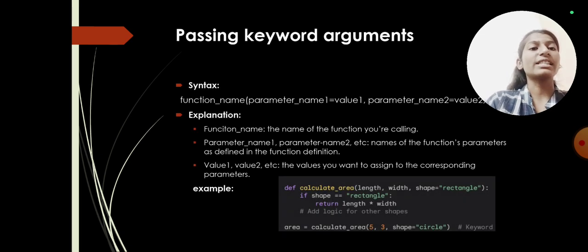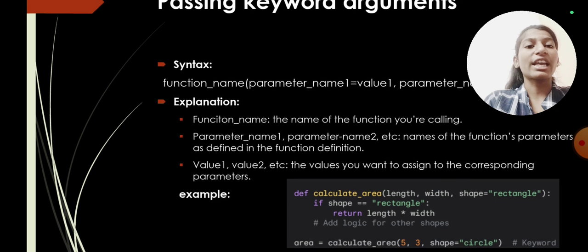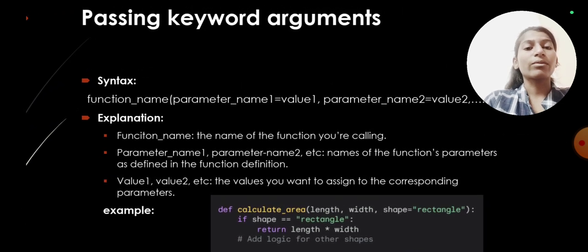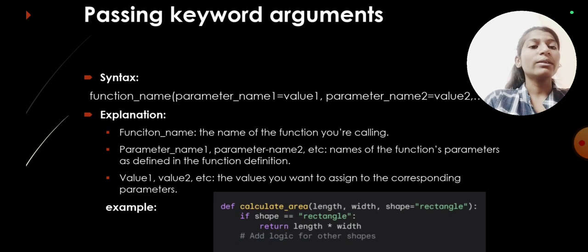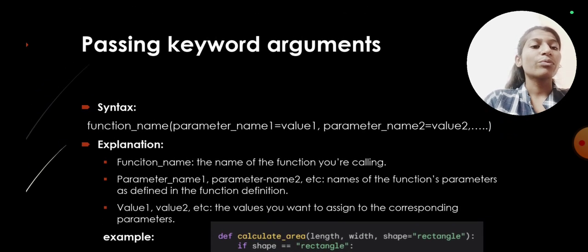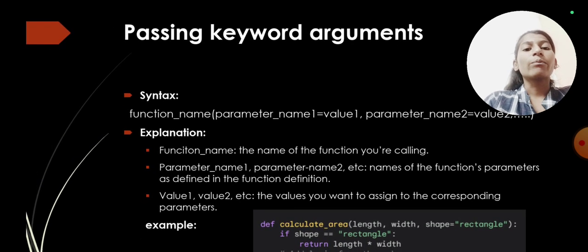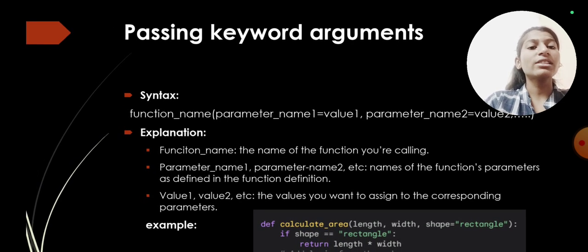Next one is passing keyword arguments, which has the syntax function_name(parameter_name1=value1, parameter_name2=value2). Function name means the name of the function you are calling.